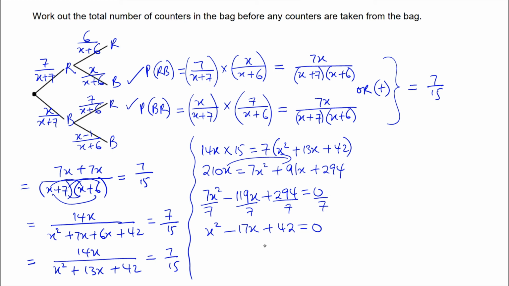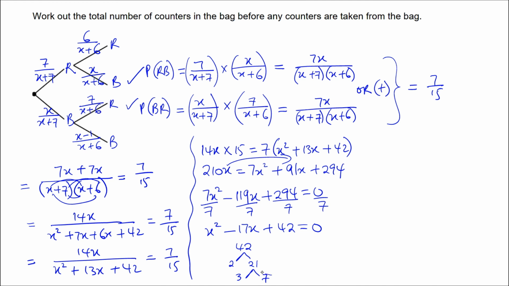For example, 42 divided by 2 is 21, divided by 3 is 7. And you can see here that we want two numbers which add to negative 17 and multiply to get 42.